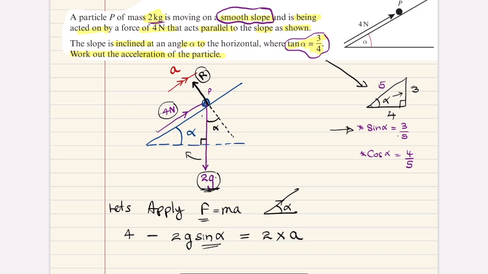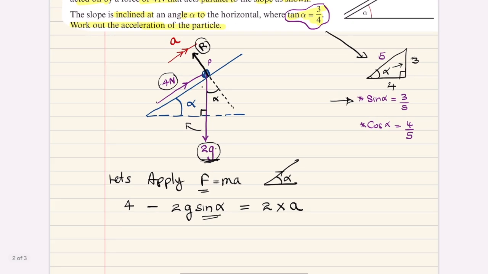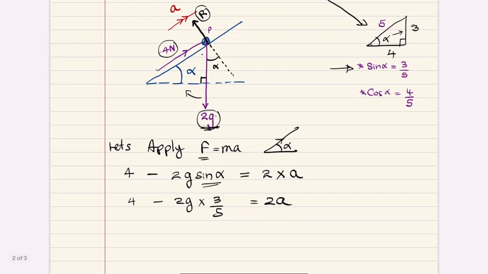See, sin alpha is 3 over 5. So you can plug in sin alpha here: 4 minus 2g times 3 over 5 equals 2a. Now look at the unknown. It's only the acceleration which is unknown. So this is going to be 4 minus 6g over 5, everything divided by 2, in meters per second squared.